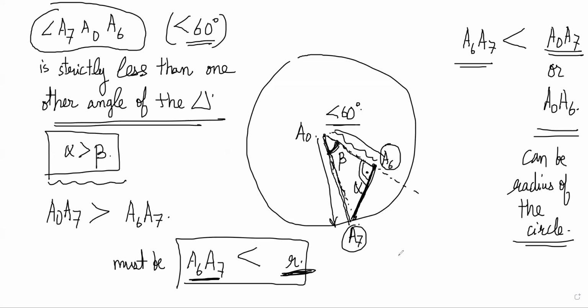And since at least one side is larger than A6, A7, the maximum distance between A6, A7 can be the radius of the circle, right? So that concludes our problem. Basically, we have proved that the maximum distance between two of the points making the line segment is at most the radius of the circle.